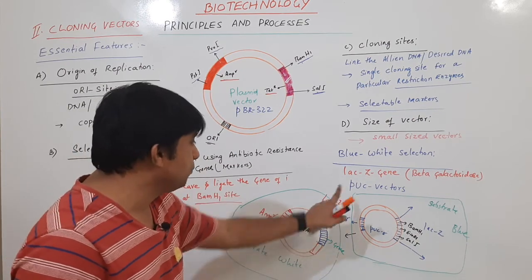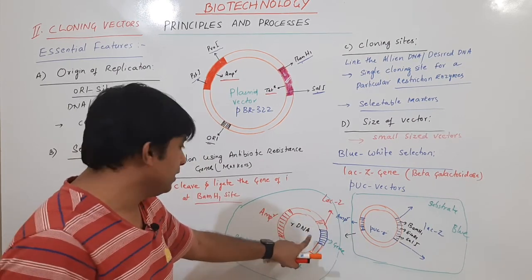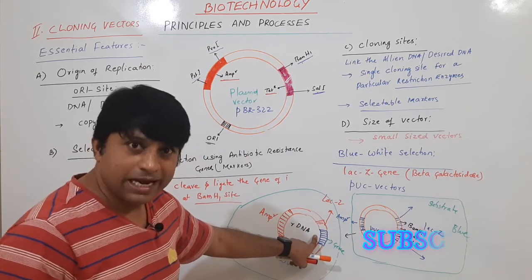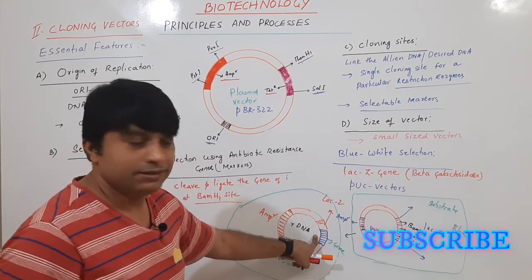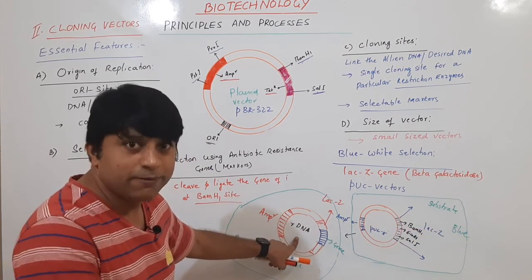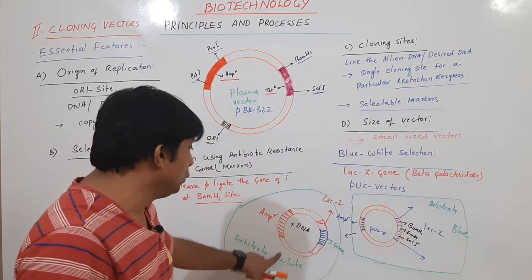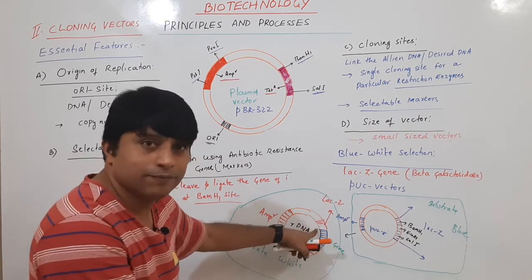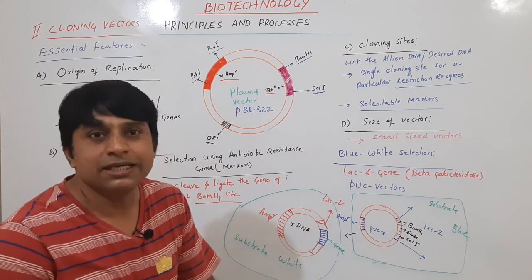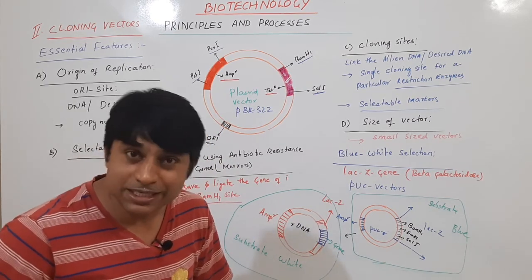So this is called blue and white selection, and because of insertion of our gene at a selectable marker site, this substrate which becomes chromogenic loses its property because there is no enzyme. When there is no enzyme, it cannot give blue colored colonies; it will give white colonies.